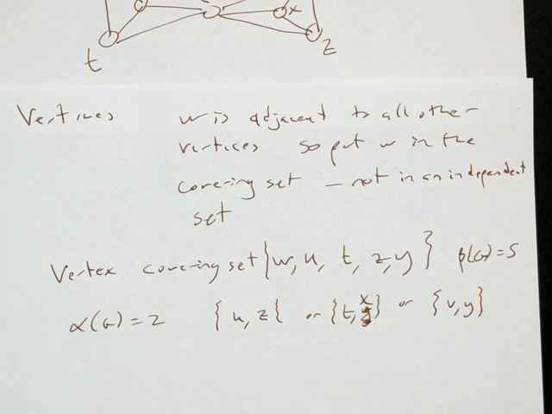How about edges? Let's look at a set of independent edges. Oh, wait a second. Independent edges, they can't share any vertices, right?